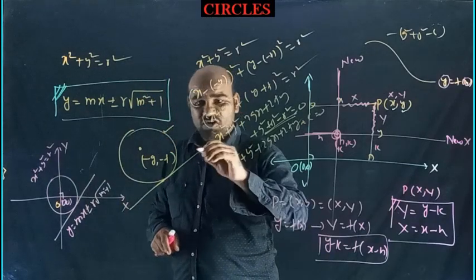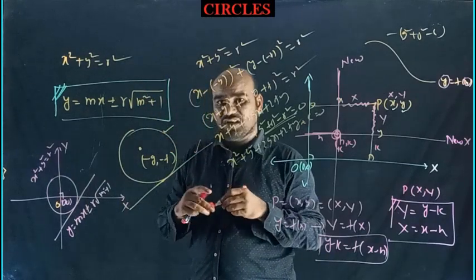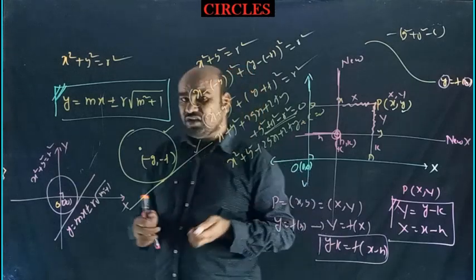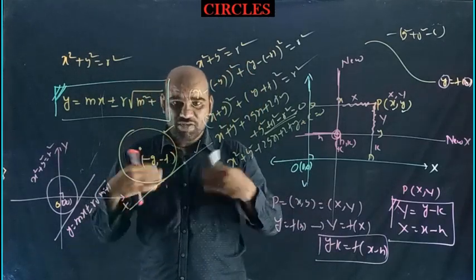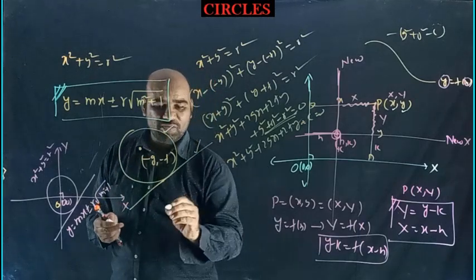Now I want to find the transformed equation of the tangent. The actual equation of the tangent is y equals mx plus or minus r times root over m squared plus 1 only, but I want the transformed equation.